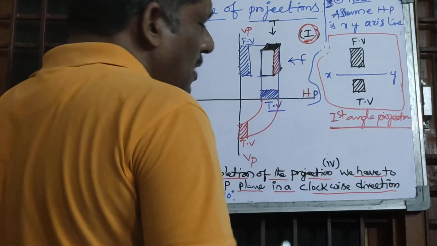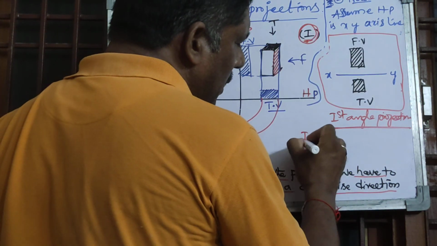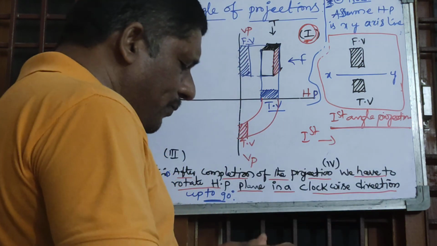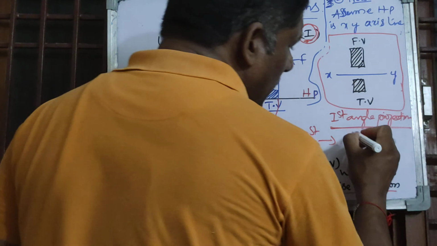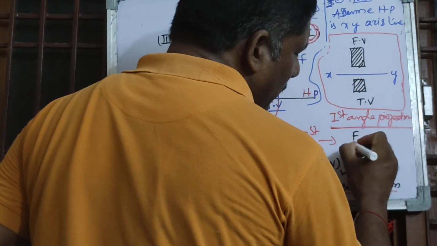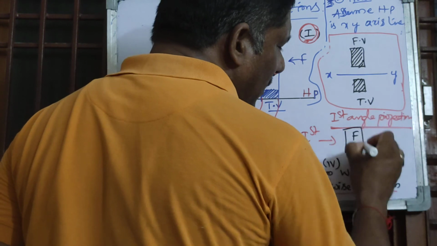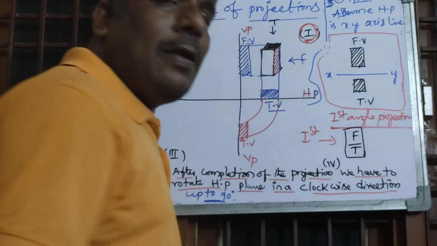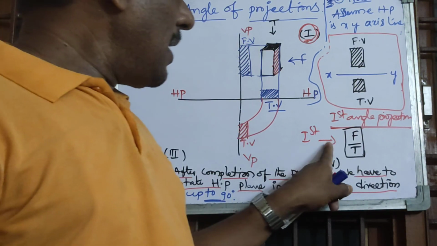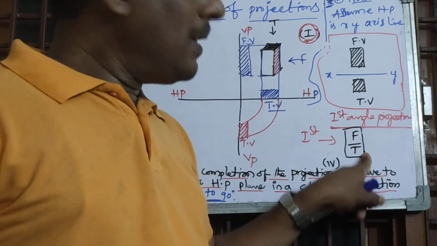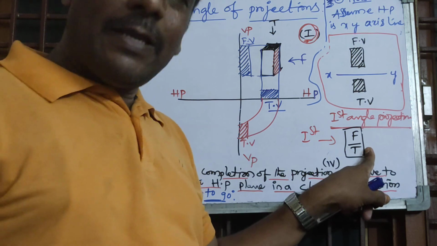In simple manner we can write: first angle projection, F by T, front view by top view. Keep this in your mind. Got it clearly? First angle projection, F by T.